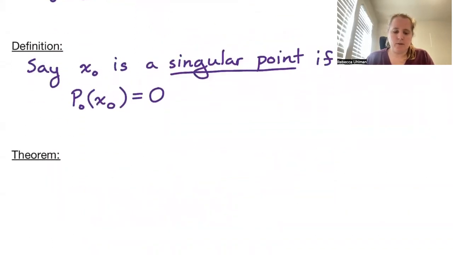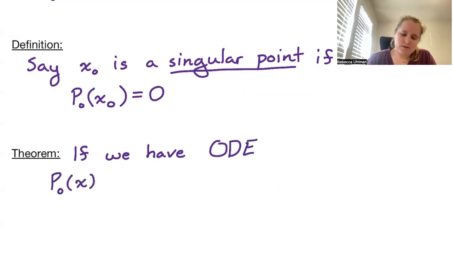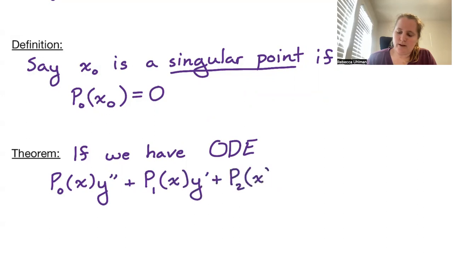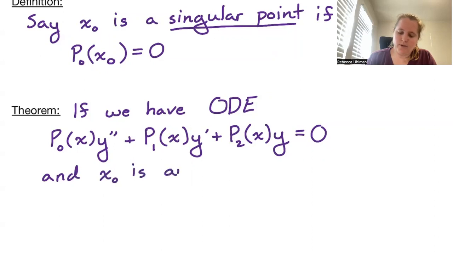So we get a theorem, which is if we have the ODE P0 of x times y double prime plus P1 of x times y prime plus P2 of x times y equaling 0, and x naught is an ordinary point, then there is a series solution.